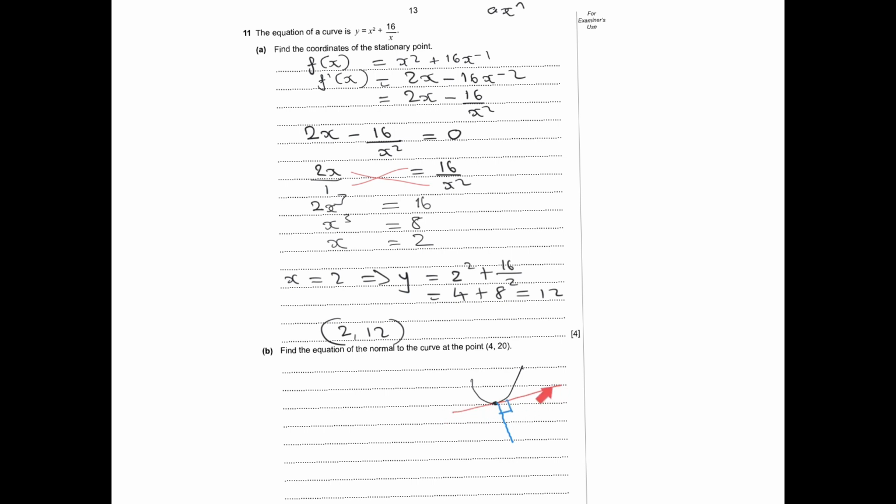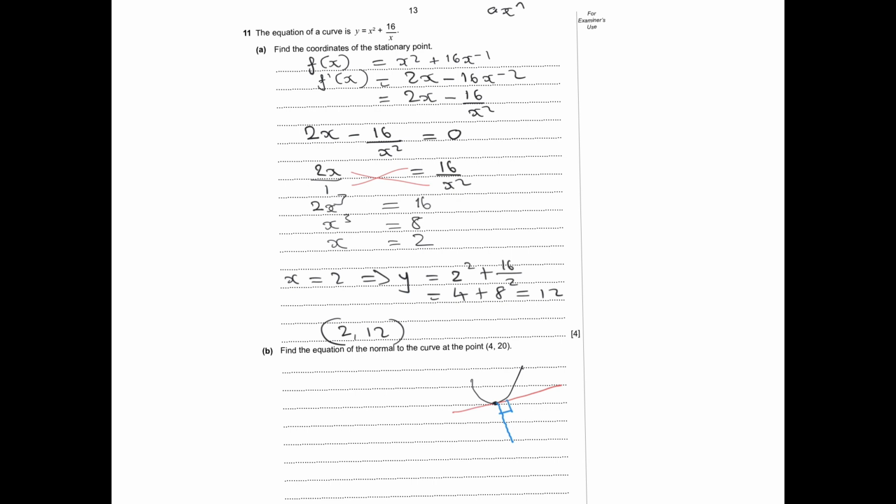Now that gradient of the tangent, since the tangent and the normal are perpendicular to each other, the two gradients should be reciprocals of each other, but of course with different signs. So let me get the gradient of the tangent first. How do I do that? I will just need to substitute this x coordinate here in my derivative, which I got here in the first part.